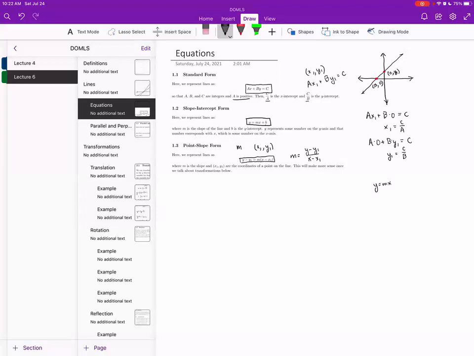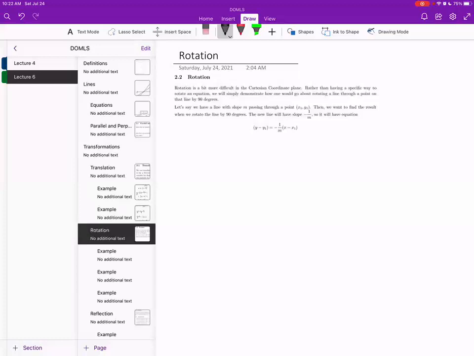So now let's talk about rotation. Rotation is kind of difficult in the Cartesian coordinate plane because we simply can't rotate easily. Everything is more rectangular. So the easiest way to rotate is by a multiple of 90 degrees.